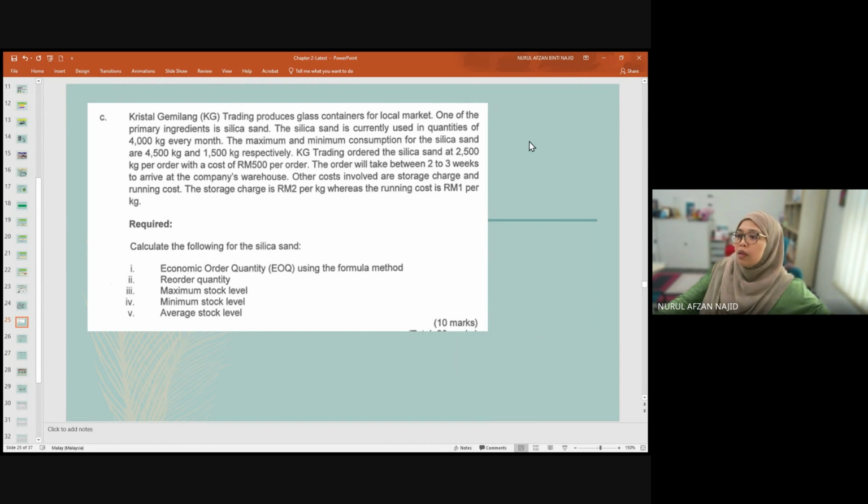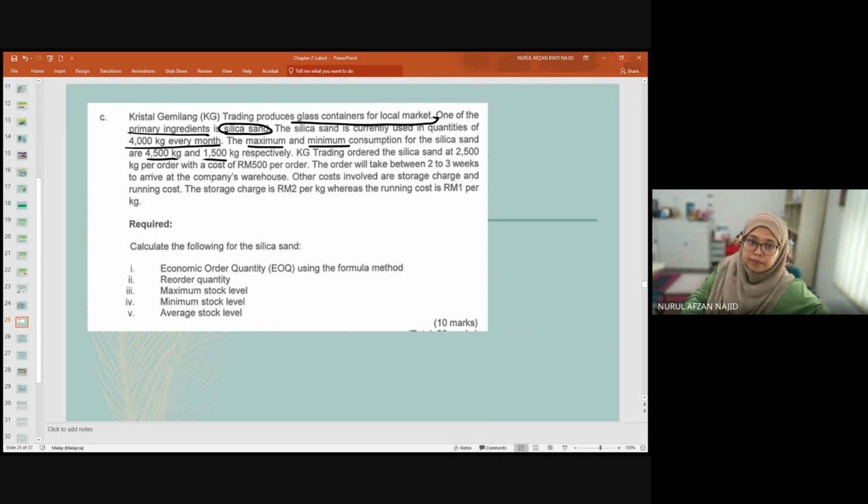Okay. Krista Gemilang produce glass container for local market. One of the primary ingredients, so the direct material lah ni, is silica sand. The silica sand is currently used in quantities of 4,000 kg every month. The maximum is 4,500 kg and the minimum is 1,500 kg.